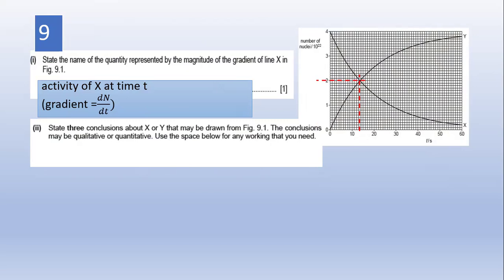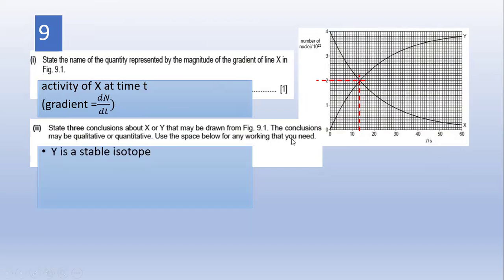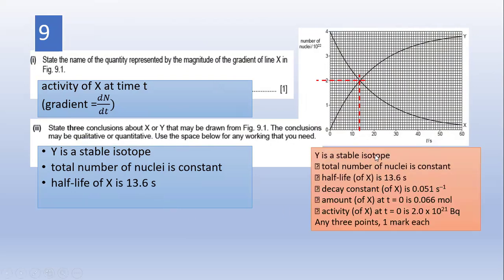At any time, the total number of nuclei is constant. Y is a stable isotope. The half-life of X is 13.6 seconds. These are other points that you can mention, like the decay constant.